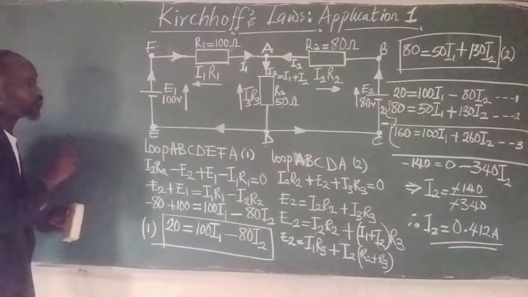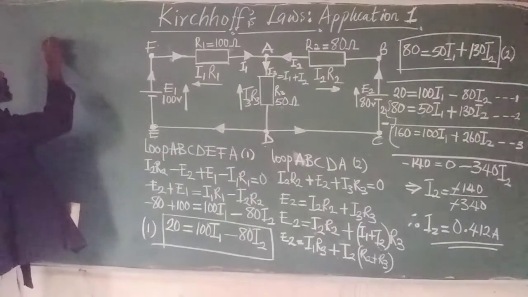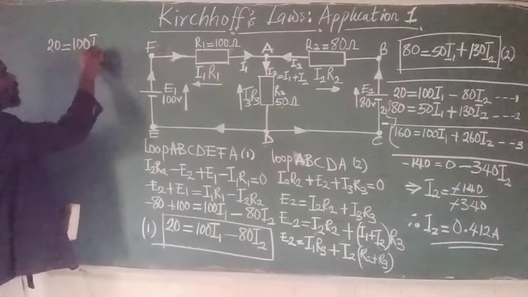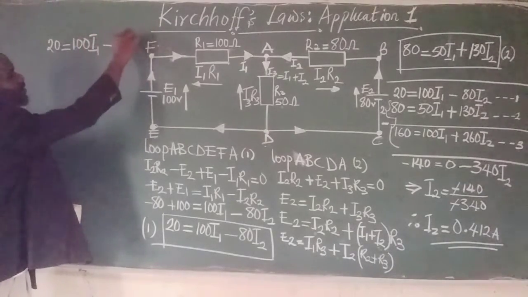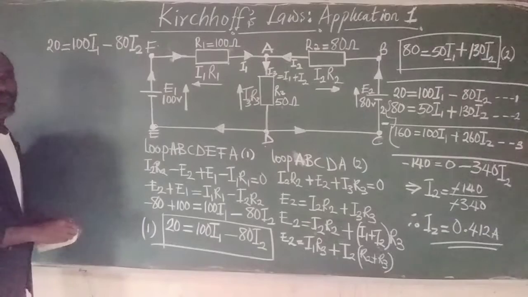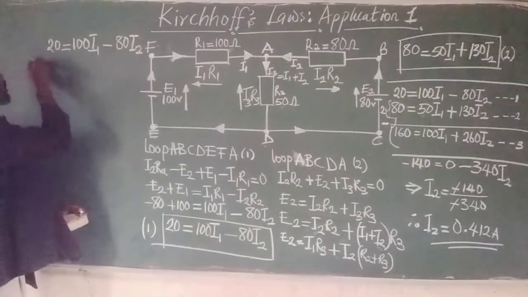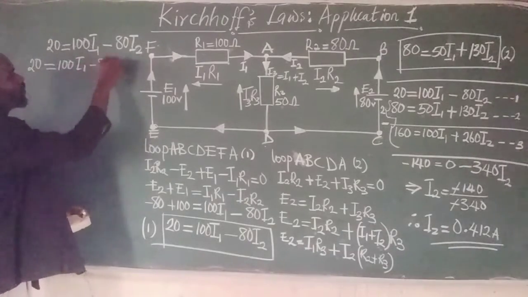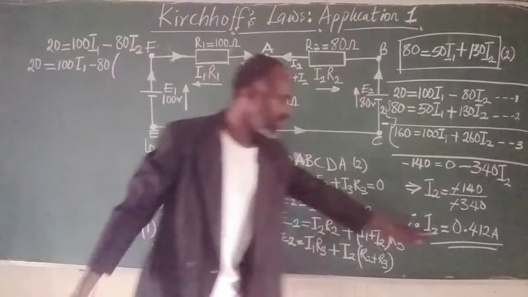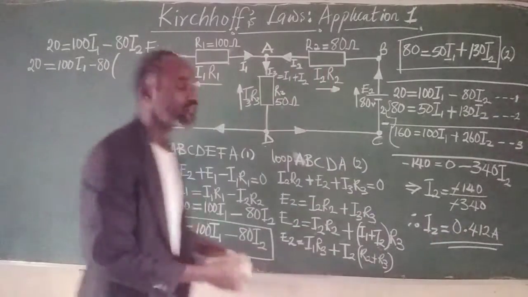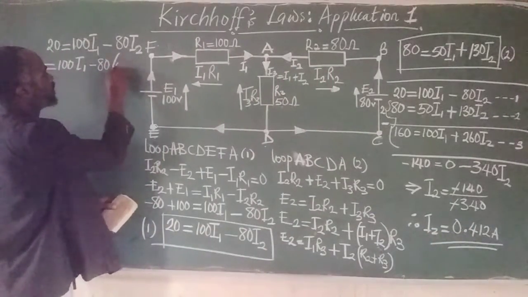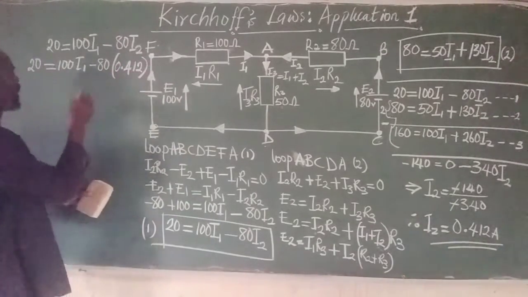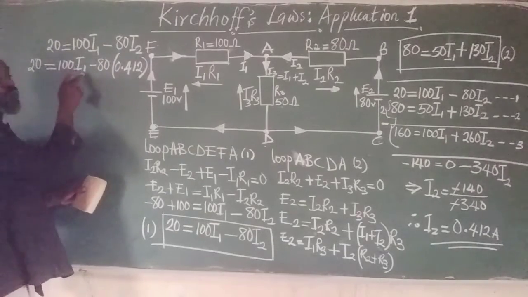So, solving for current 1, we are going to use the first equation, which is 20 is equal to 100 I1 minus 80 I2. All right? Very good. So we have 20 already given is equal to 100 I1 minus 80 times the value of current I2, which is given as 0.412 amps. So we are going to substitute for I2 here, 0.412. And then we make current 1 the subject.